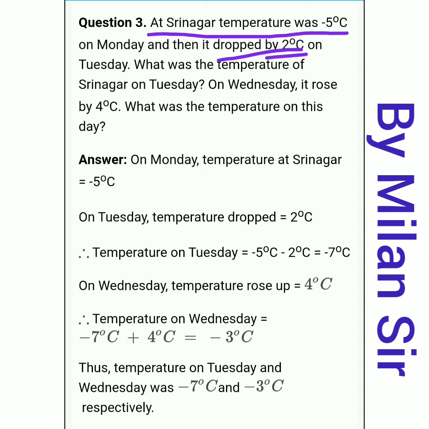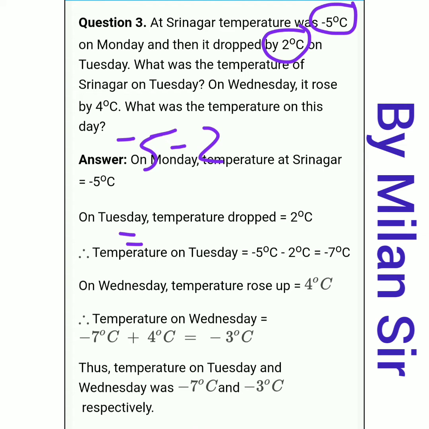Initially we have minus 5 degrees Celsius, then drop by 2, that means decrease by 2, and for decrease we need to use a subtraction sign and minus 2. Okay, again, what was the initial temperature? Minus 5. Now drop by 2, that means decrease by 2. Decrease, that means we need to subtract it. So again minus 2. Okay, so minus 5 minus 2.